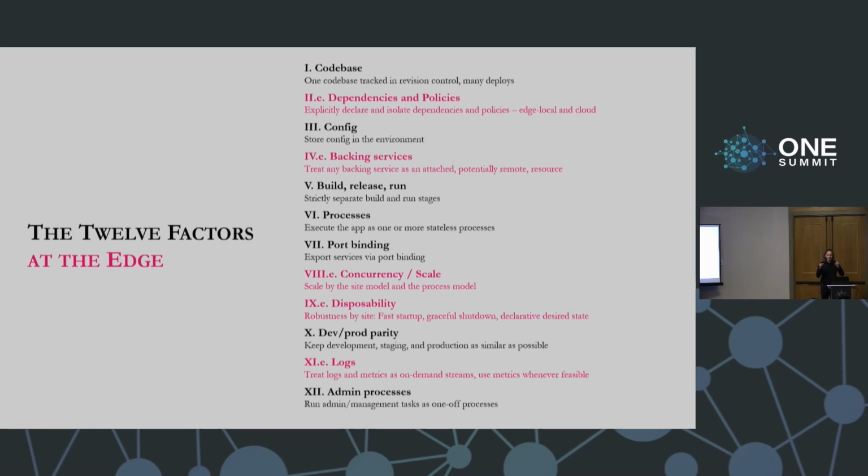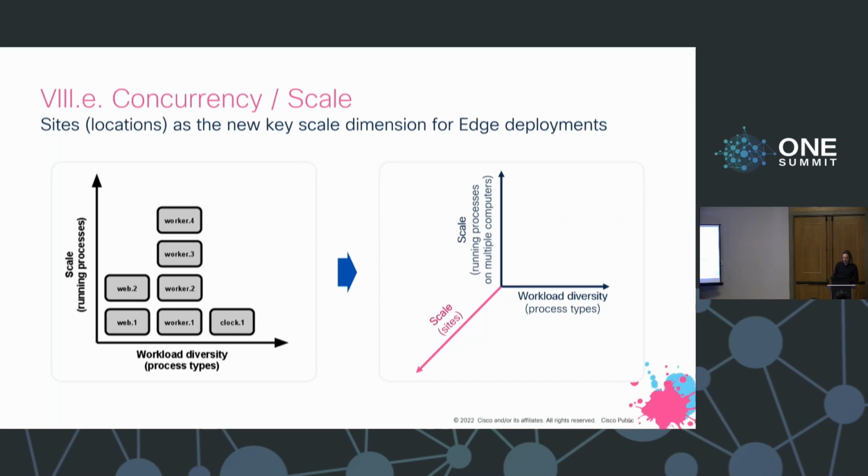So as soon as we're declaring dependencies, these are no longer only dependencies from a software perspective, but also dependencies that translate all the way to where these things are. If you have backing services, these services can be remote, and how do you reach out to them? If you look at concurrency and scale, you're not only scaling by process, you're certainly also scaling by location. The same goes for redundancy and disposability, and logging we'll touch on in a little bit.